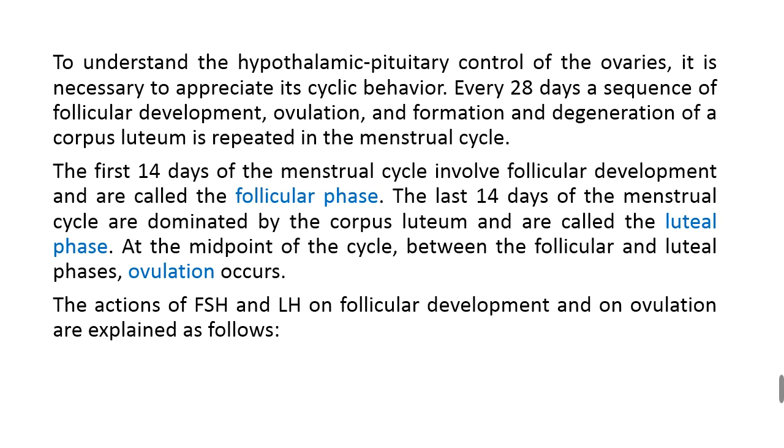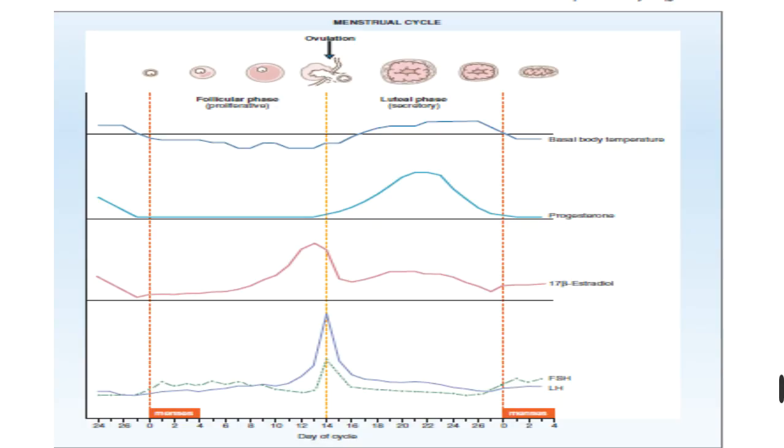The action of FSH and LH on follicular development and on ovulation can be explained as follows. This is a figure that demonstrates the menstrual cycle. This is the follicular phase when the follicle is dominant.